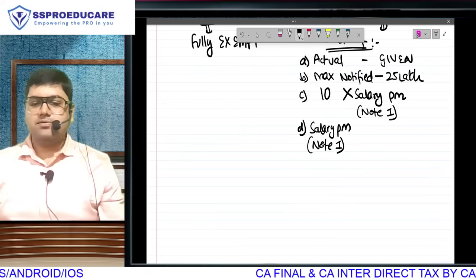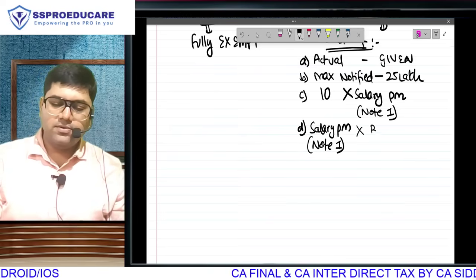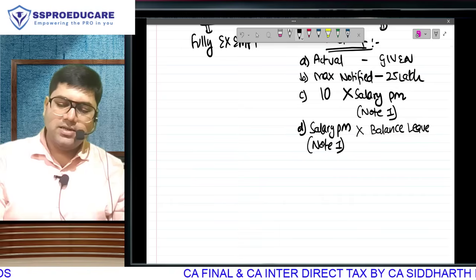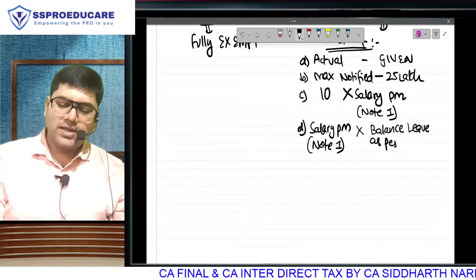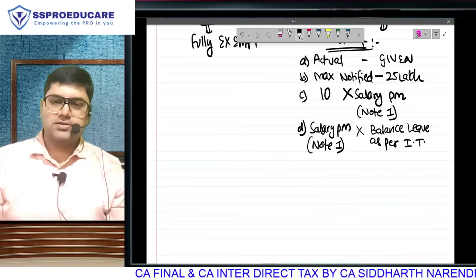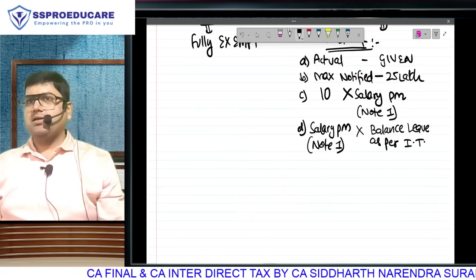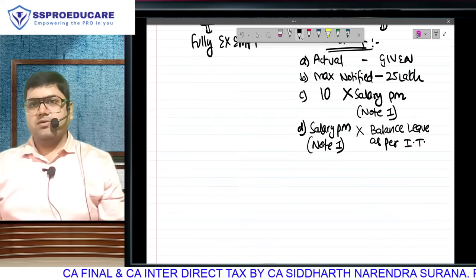Salary per month into balance leave as per income tax.